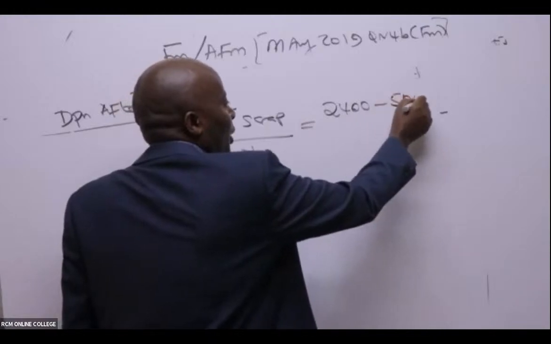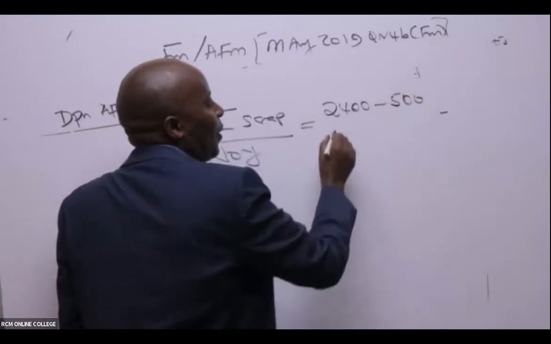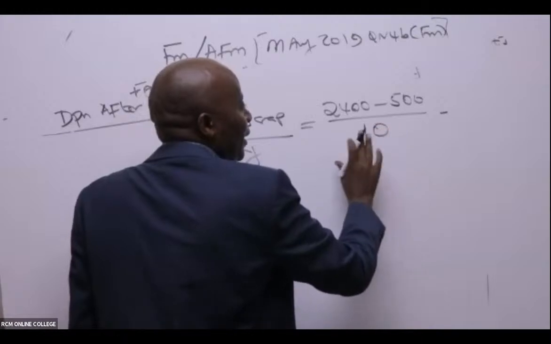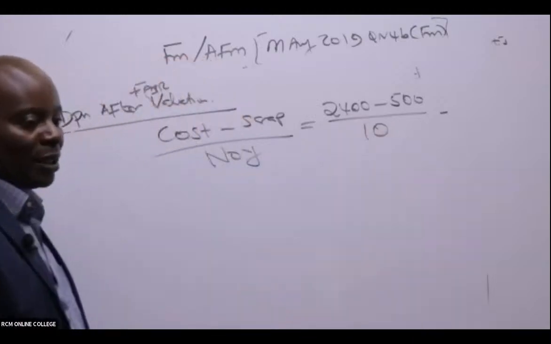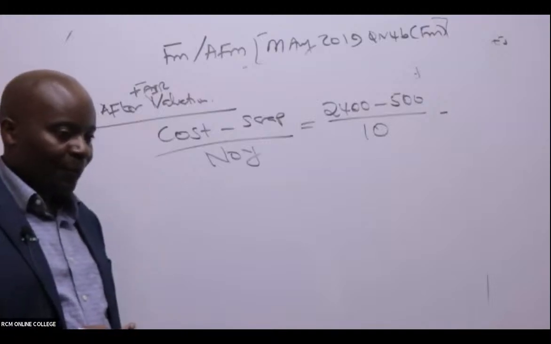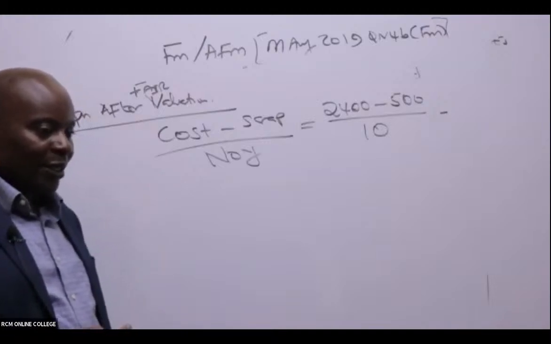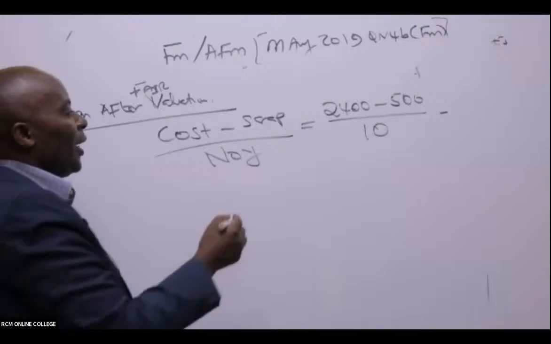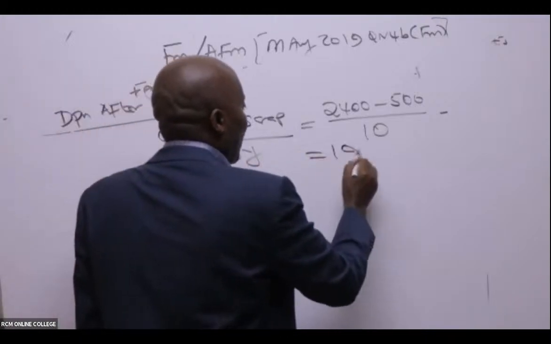Scrap value is 500. Divided by the number of years, these additional years, they are 10. They're giving me a figure of 190.